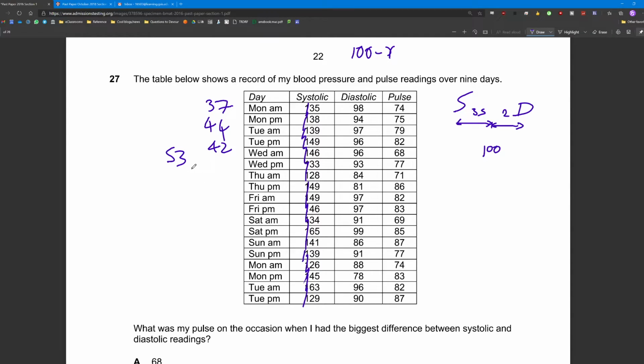It's going to be 50, 33, 7, 40, 28, 16, 44, 49, 19, 68.